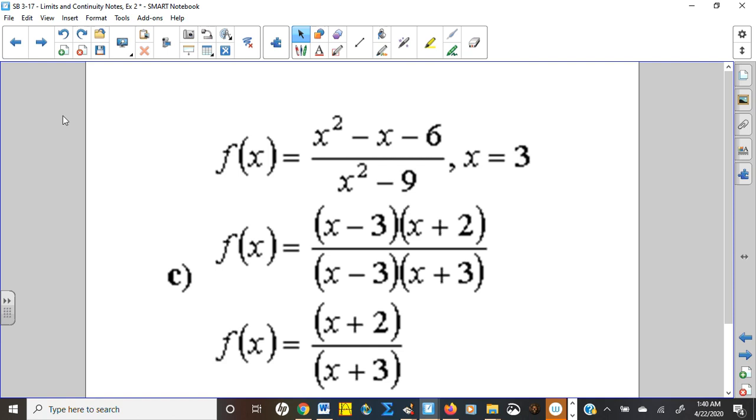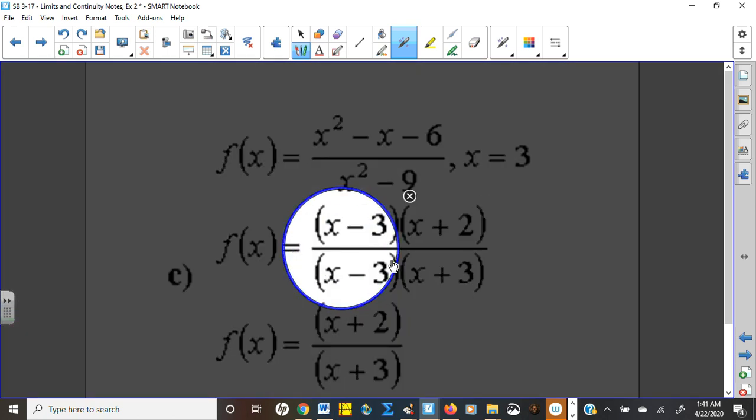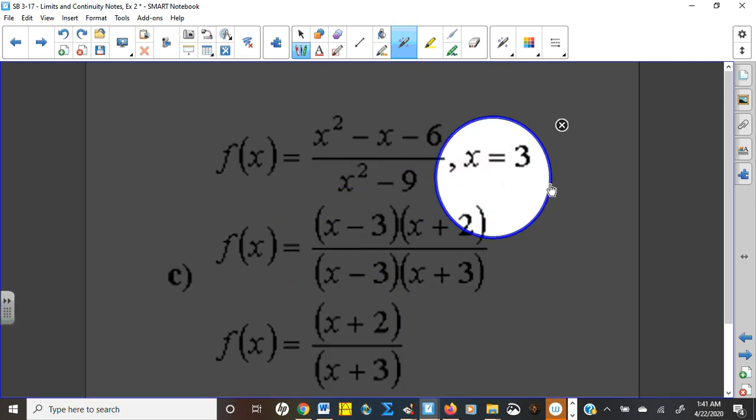Your last example is this guy right here. It looks like we have to factor it. So the top is a trinomial and two binomials, the bottom is perfect squares. This is one of those that has two problems in the bottom. It has the hole, which is the removable discontinuity that we will be able to fix, and it looks like it's occurring, as this says right here, at 3.